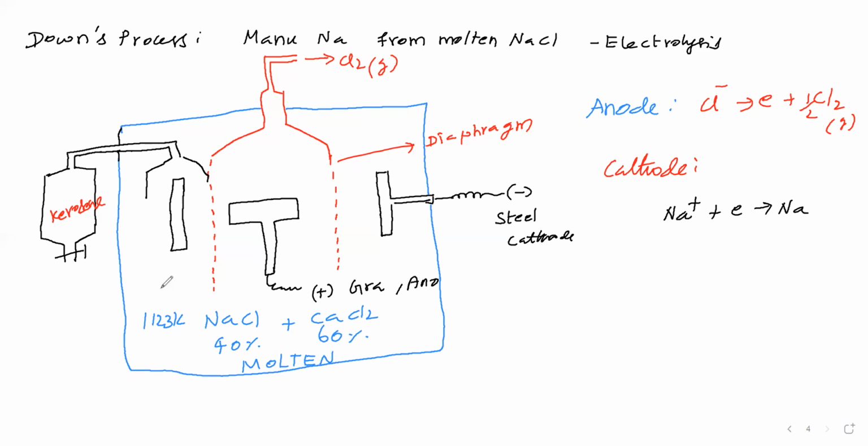Here, what is the necessity of calcium chloride? Why do we have to add calcium chloride? Sodium chloride is an ionic compound, and we want to decrease its melting point. For that, calcium chloride is added.